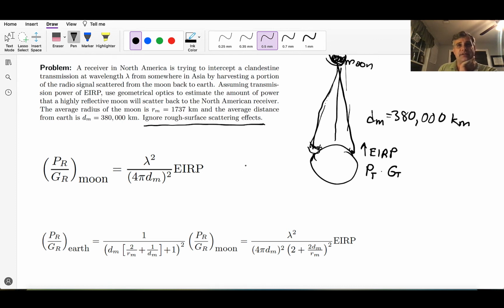Now, this problem actually has a very interesting history. In the early days of the Cold War, before Sputnik and subsequent other satellites were put into space, there weren't any man-made satellites that you could use to spy on your adversaries on the other side of the world. So, before communication satellites and spy satellites were deployed, people looked at seriously trying to eavesdrop on one another by looking at the moon bounce.